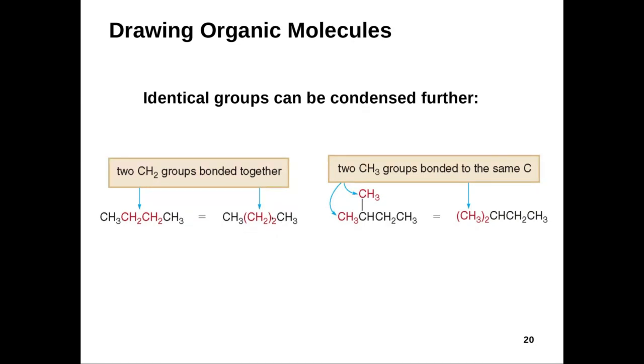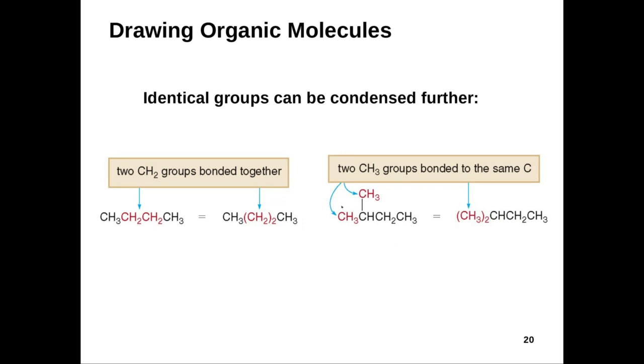You should recall that subscripts on anything, whether it's an atom or parentheses here, tell you that you have 2 of those. So in this case, we're taking these 2 CH2s and compressing them into CH2 subscript 2.